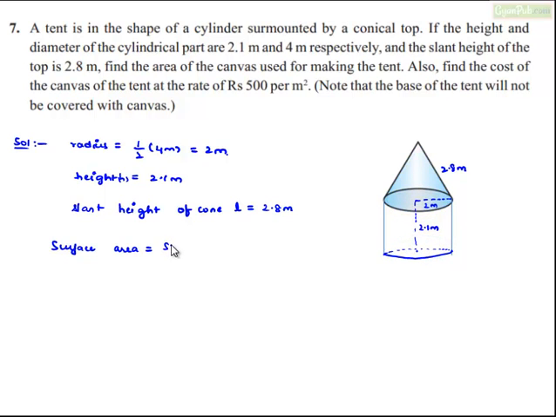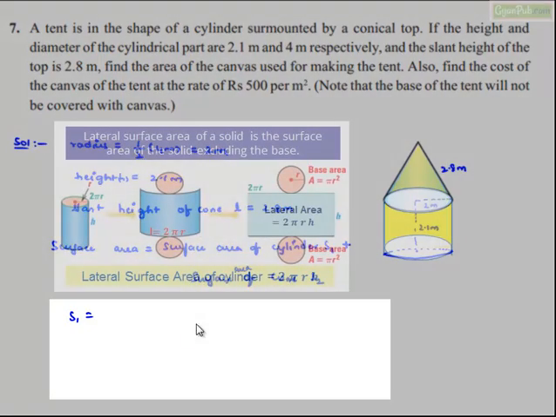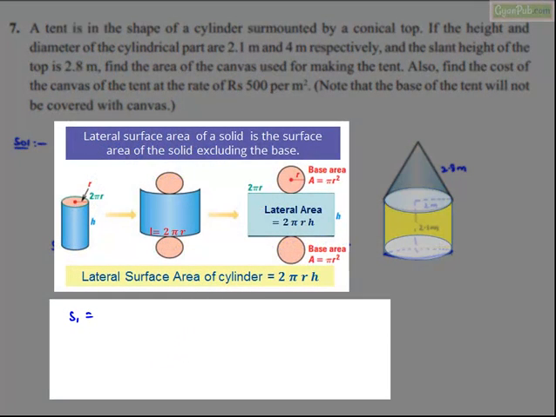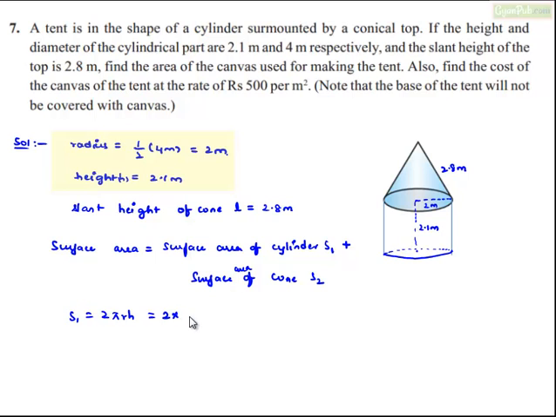That is equal to the lateral surface area of the cylinder, let it be S1, plus the lateral surface area of the cone, let it be S2. Now S1 is equal to the surface area of the cylinder, that is 2 pi r h, which is equal to 2 times 22 by 7 times r, that is 2 times h, here 2.1 meters.